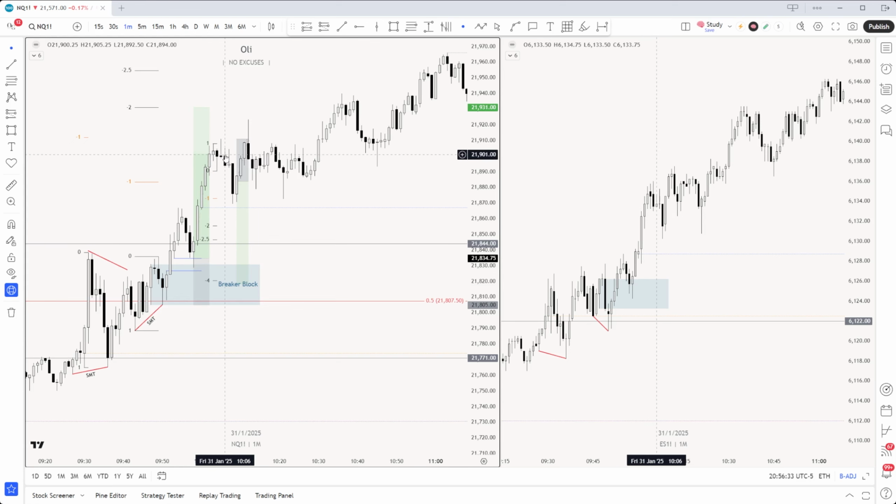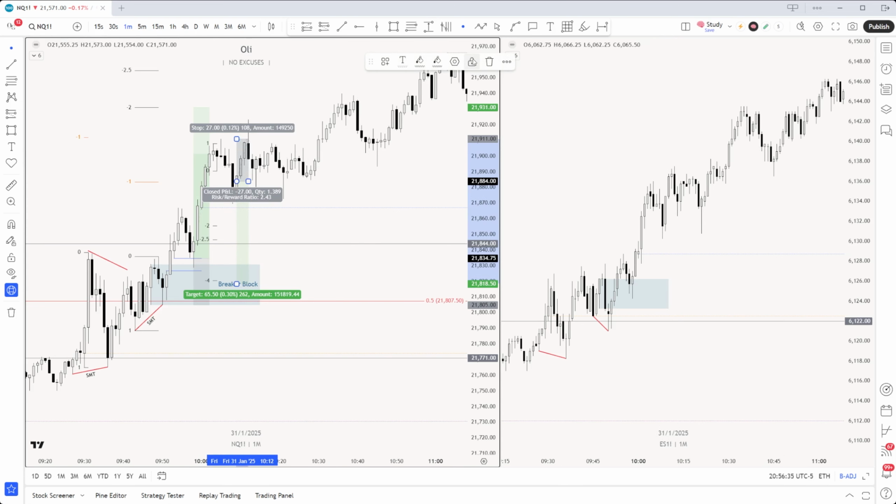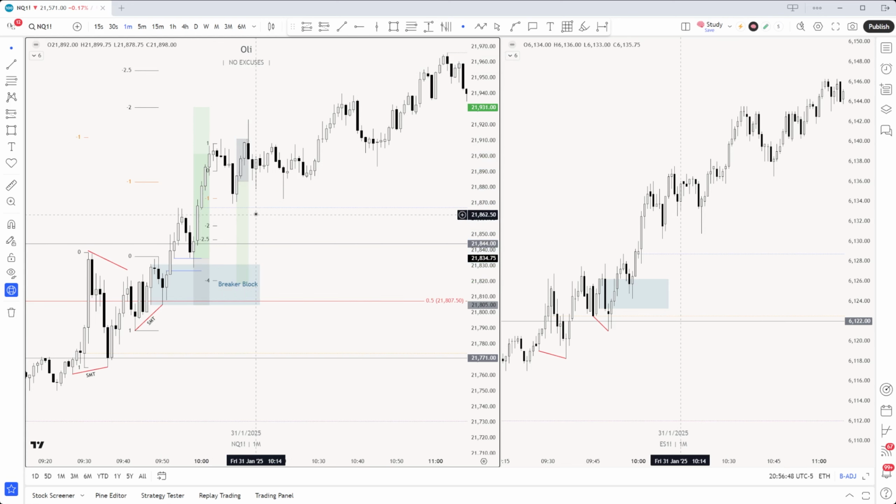Well, the first one, there is no SMT, so actually this we can forget, and I'm sorry to point you out like this, but this would not have been valid because there's no SMT. Once again, it's in line with bias though, so this can be framed as an A setup. So is it still a trade worth taking?